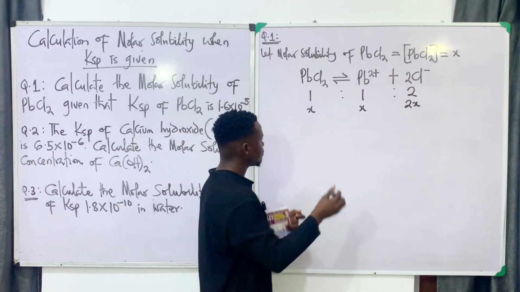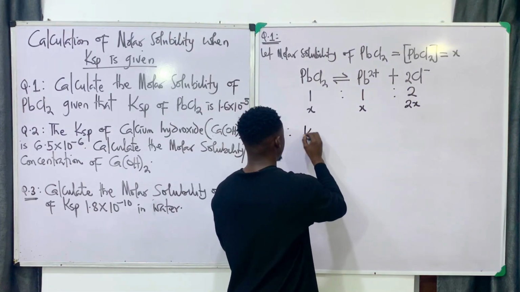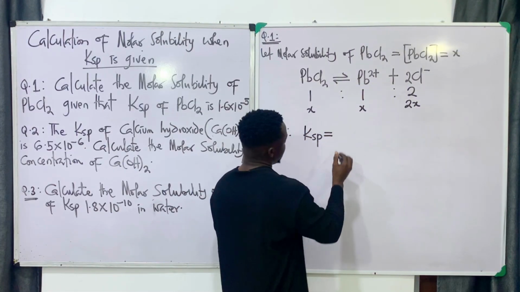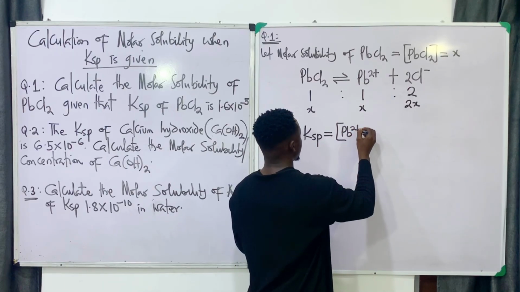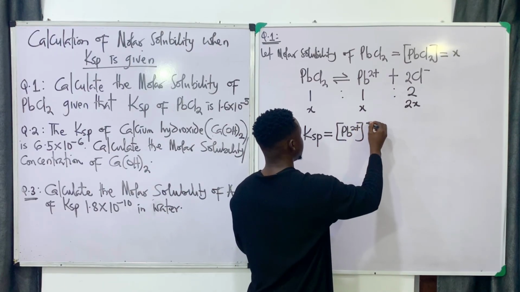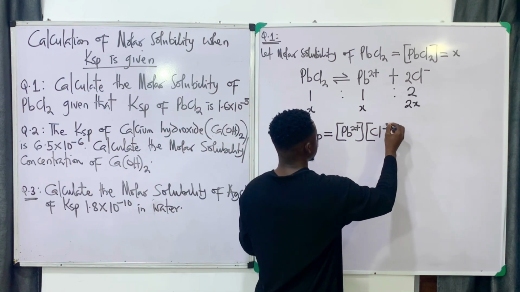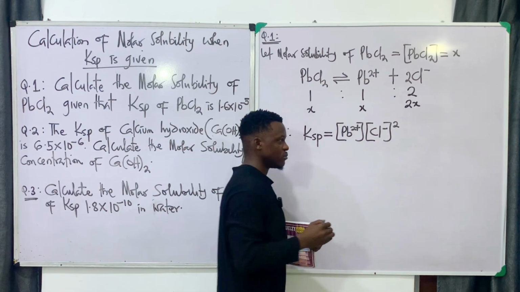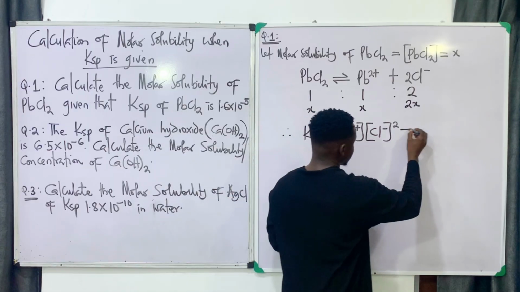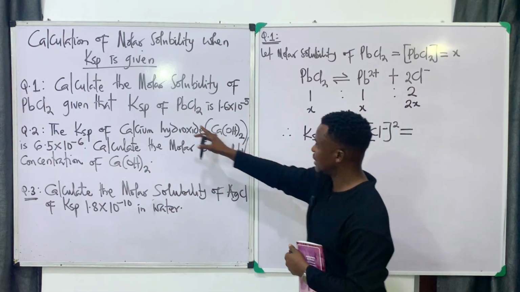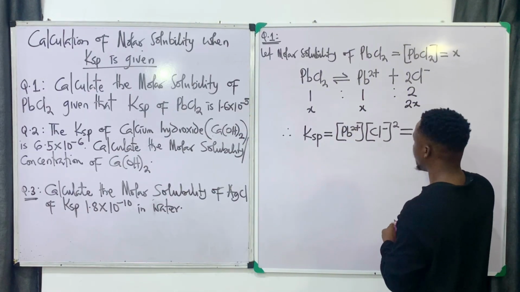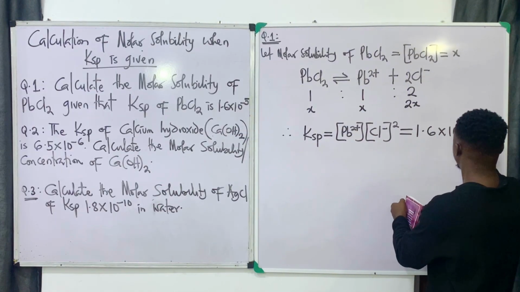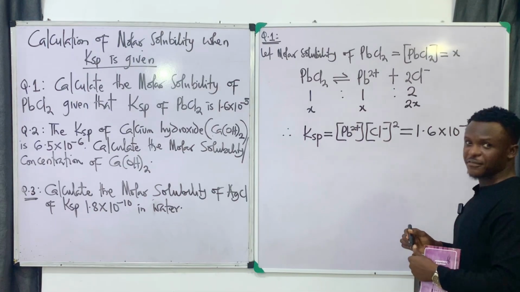Follow me. So therefore, Ksp becomes Pb2 plus raised to the power of 1 times Cl minus raised to the power of 2. Do not forget that this equals the Ksp of PbCl2 they gave us, so you equate it to 1.6 times 10 raised to the power of minus 5.